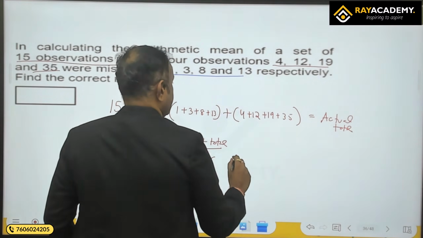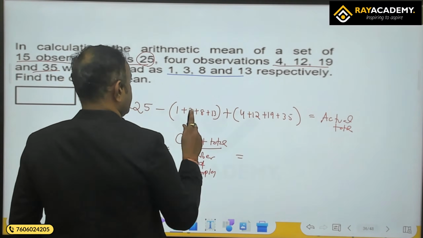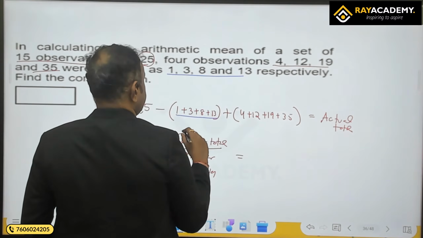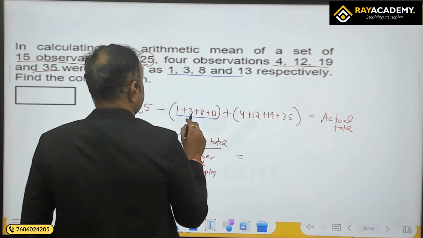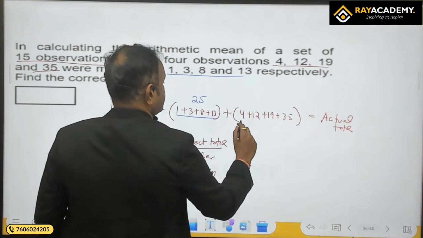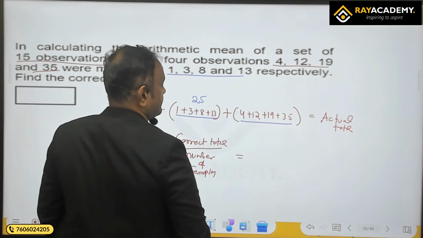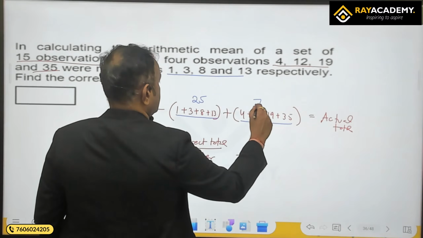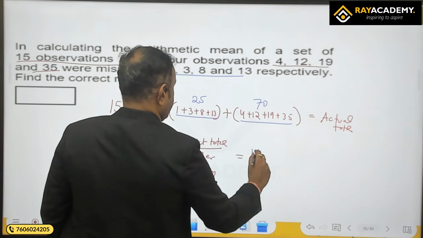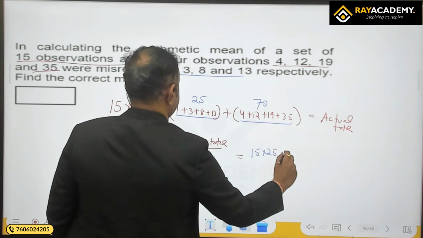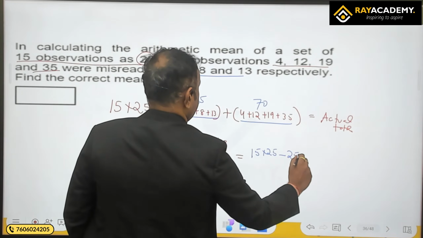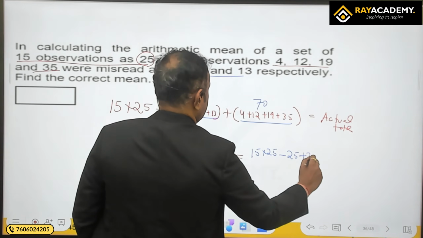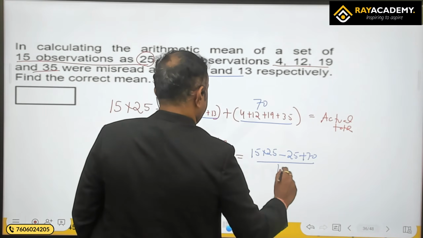Here 1 plus 3 plus 8 plus 13 is 25, and 4 plus 12 plus 19 plus 35 is 70. So the correct mean is 15 into 25 minus 25 plus 70, divided by 15.